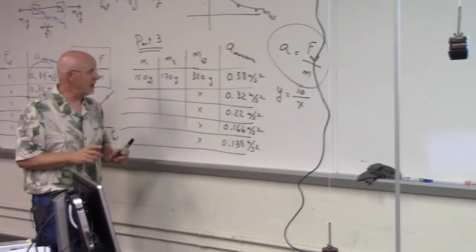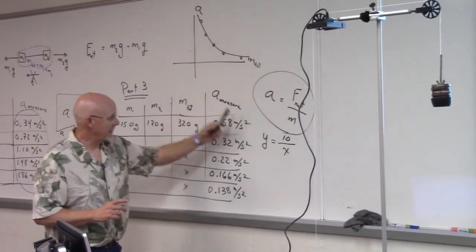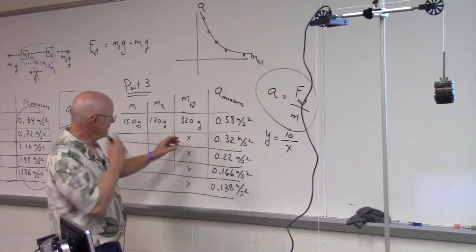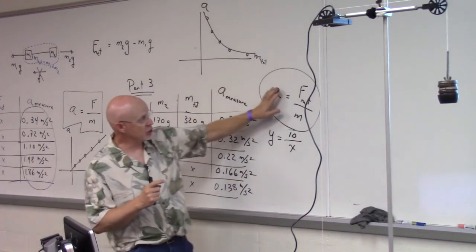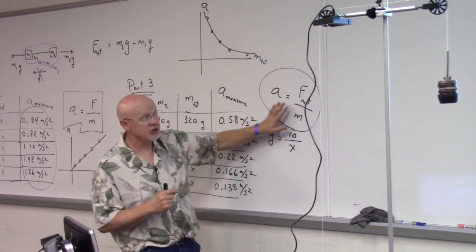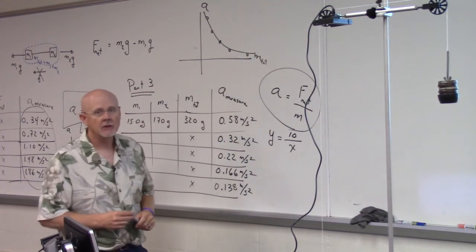And your third page should be from your data on part 3, where you plot acceleration versus mass, trying to show that it has an inverse relationship, so it does curve fit to an inverse relationship.